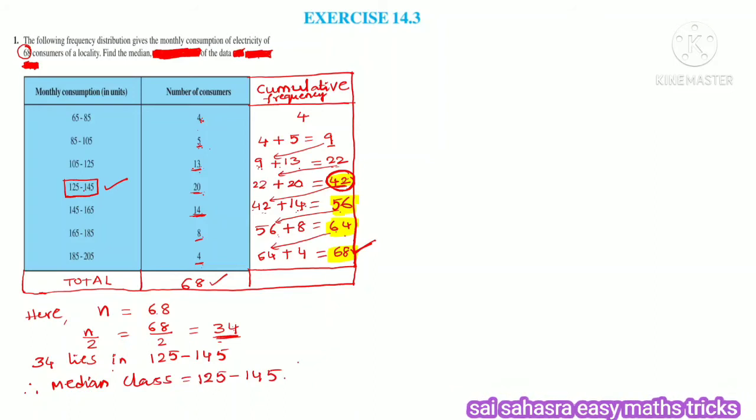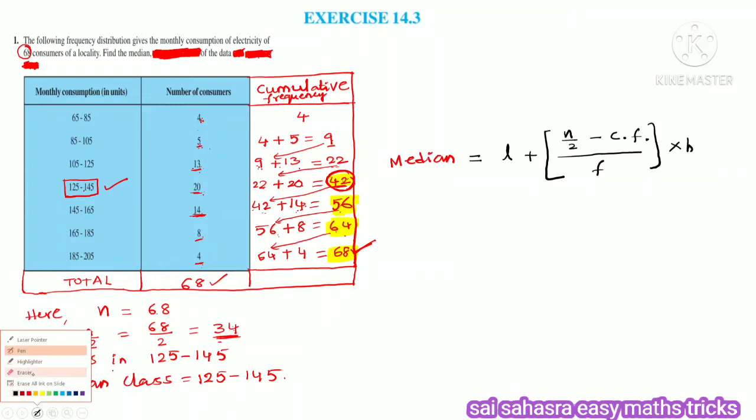After declaring the median class, the formula should be in your mind. The formula is L plus, in brackets, n by 2 minus cumulative frequency Cf, divided by f, into h. If this formula is there with us, we can find the requirements.